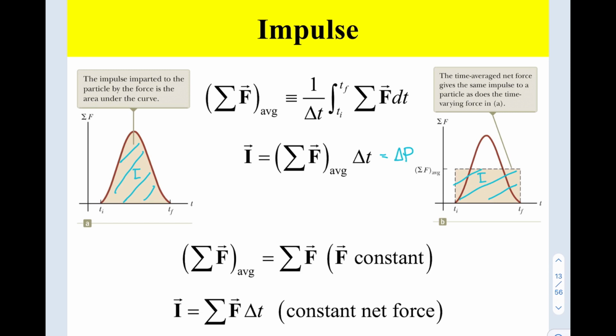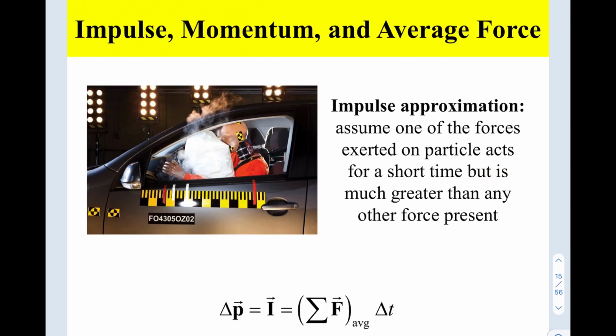You may refer to this. The unit of impulse is Newton second, equivalent to the unit of change in momentum, or momentum simply. For the case of collisions, we have to apply the impulse approximation. We assume one of the forces exerted on the particle acts for a short time but is much greater than any other force present.